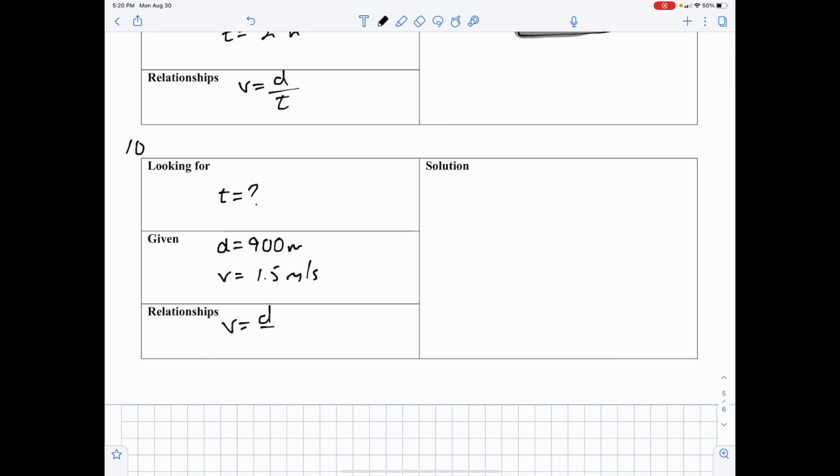Speed equals distance over time. I'm going to do this as a two-parter. Separate this a little bit. This is going to be part A. This is going to be part B. So V equals distance over time.